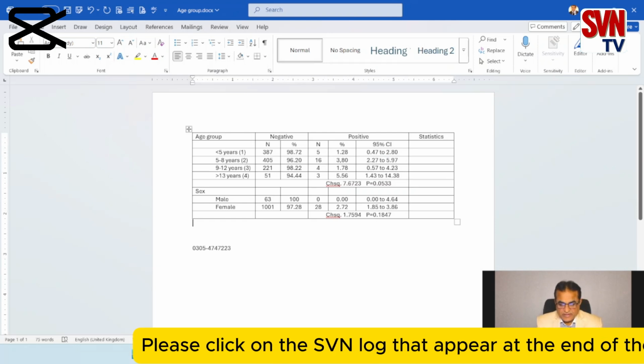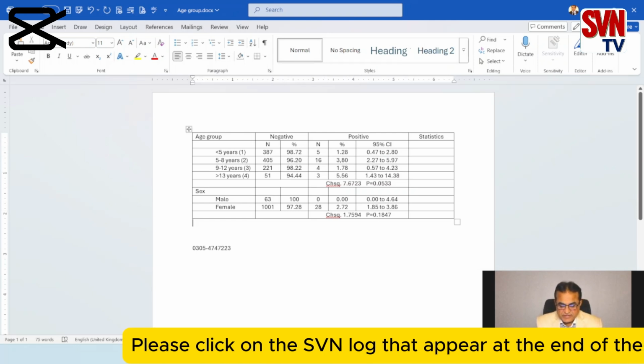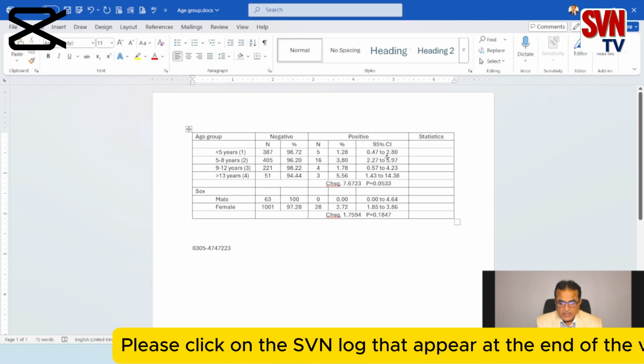So I have computed this 95% confidence interval. Now what does it mean?